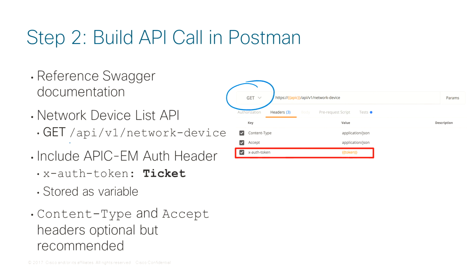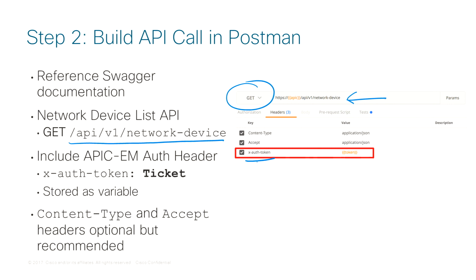The URI that we're going to, or the resource that we're going to request, is listed here: /api/v1/network-device. And so we insert that as our API call inside of the Postman interface. And notice how we're using the variable APIC to represent the actual host that we're connected to. Now, what's interesting here is as we build it, we do need to provide a special header to authenticate to APIC-EM for us. And that header is called X-Auth-Token, with dashes in there.